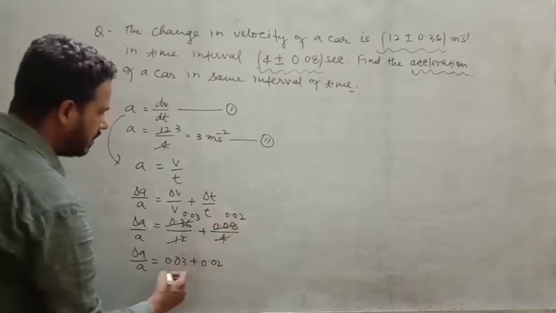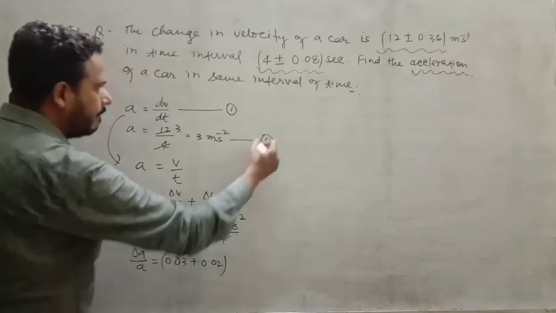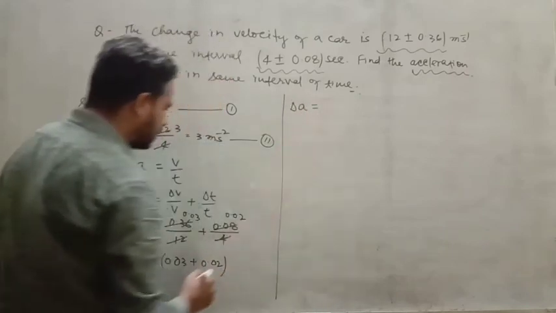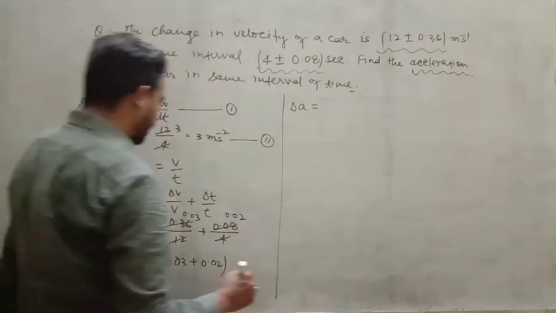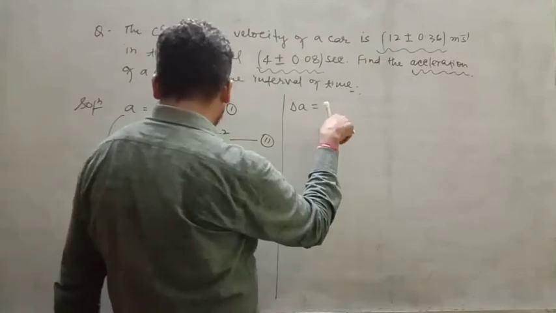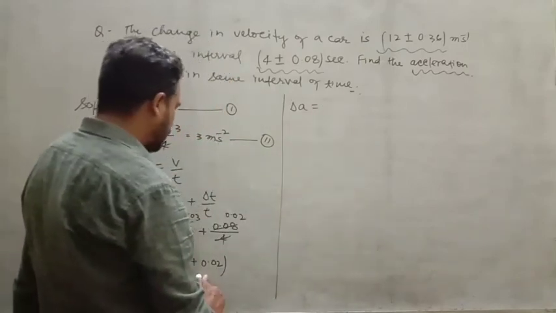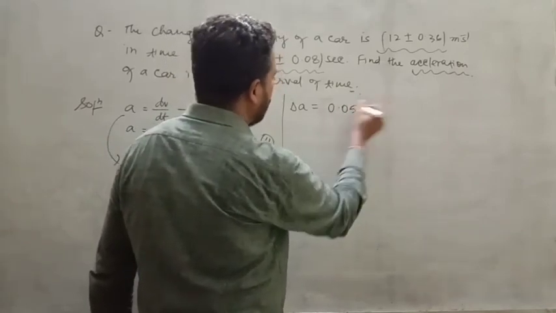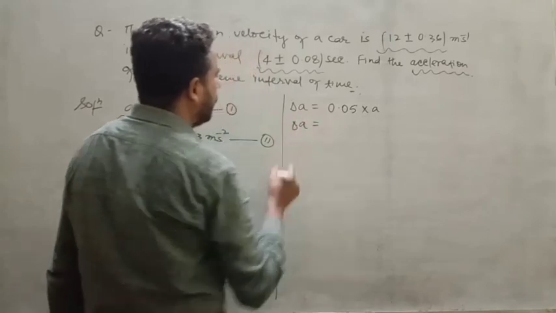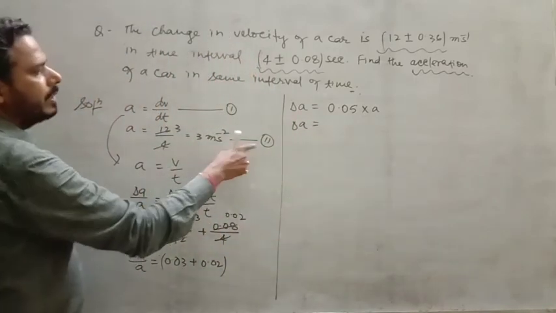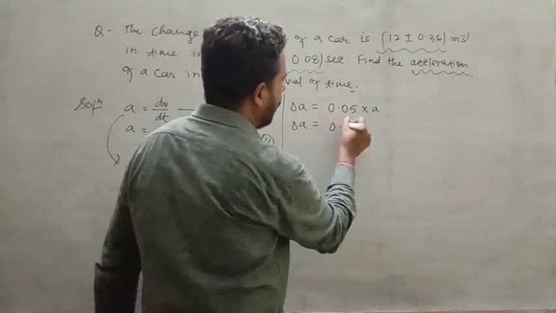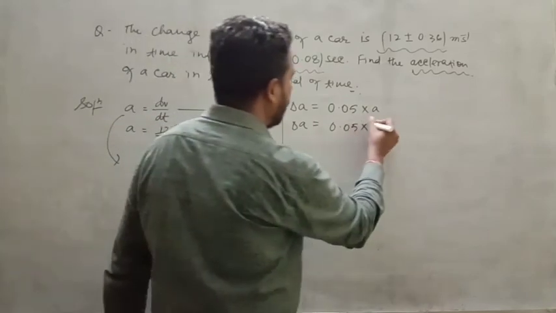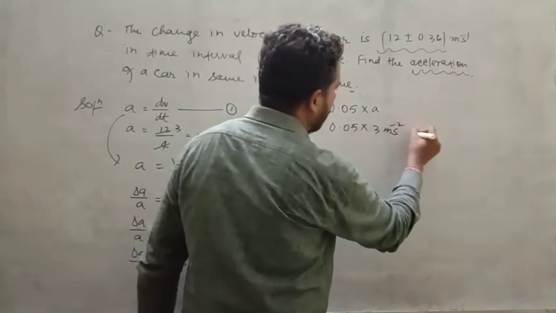After calculation you will get delta a equal to this factor multiplied by a. So that is 0.05 multiplied by a. Put the value of a from equation 2, which is 3 meter per square second.